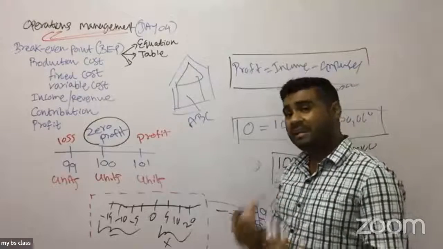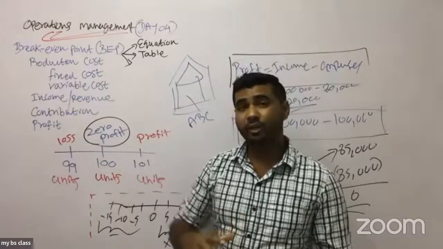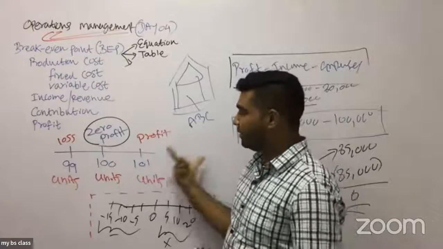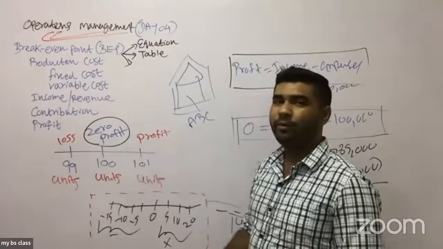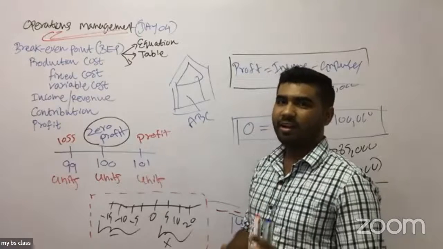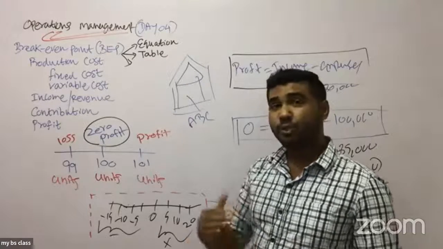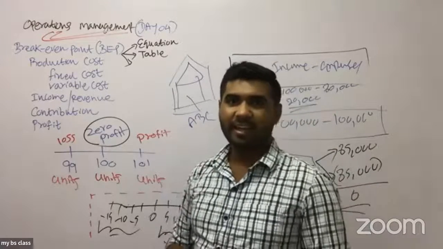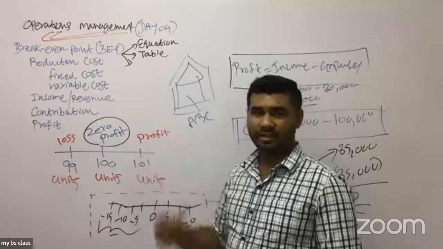So you can decide the number of units that you need to produce in order to earn a profit. එහෙනම් හිතන්න ඔයාගේ production එක 85 units. එහෙනම් අනිවාර්යයෙන්ම දන්නවා loss එකක් තමයි ඉන්නේ කියලා. Got that point? And you should have a target to produce more than 100 units.